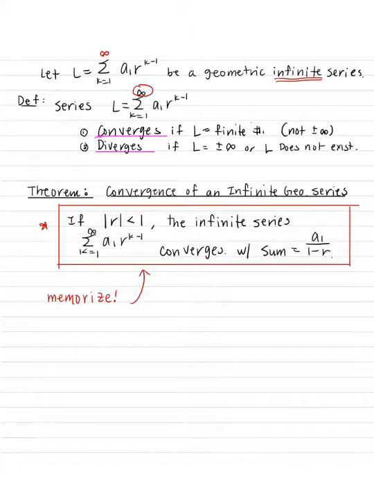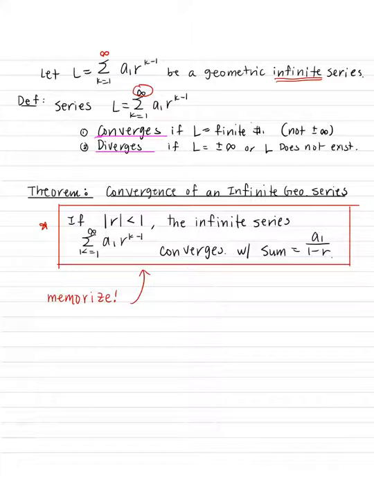Our next topic is geometric infinite series. Let's go with the definition. The series, let's just call it L, equals the sum k going from 1 to infinity of a sub 1 times r to the k minus 1.